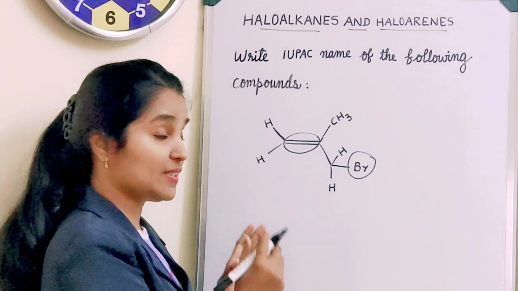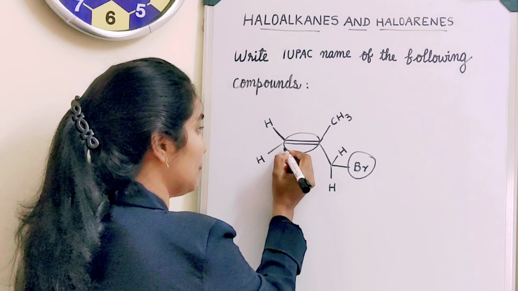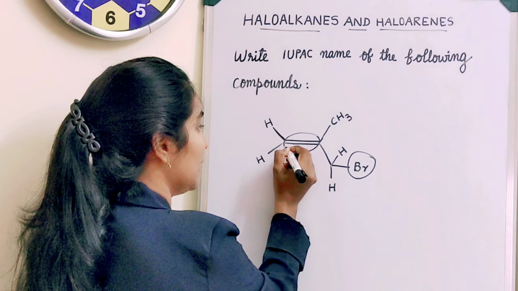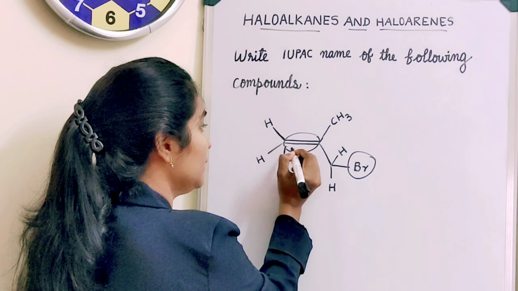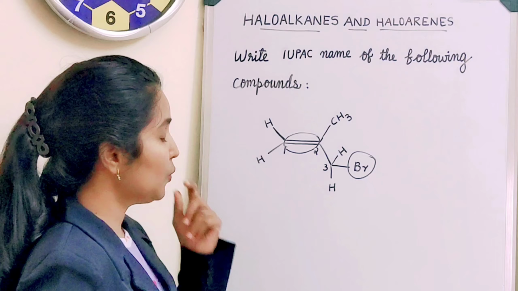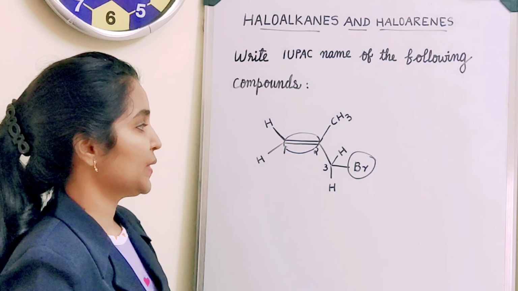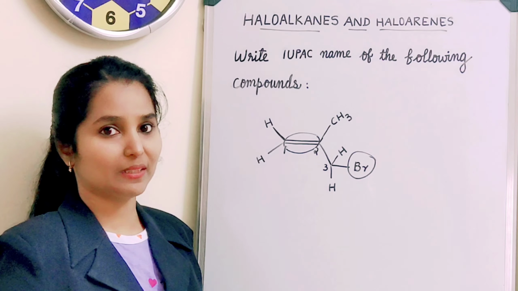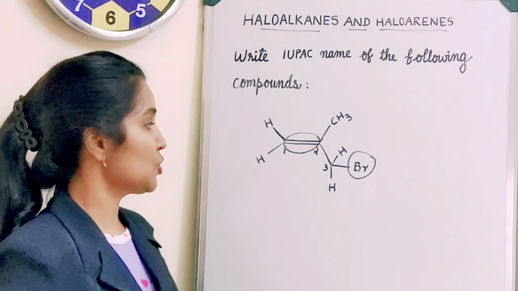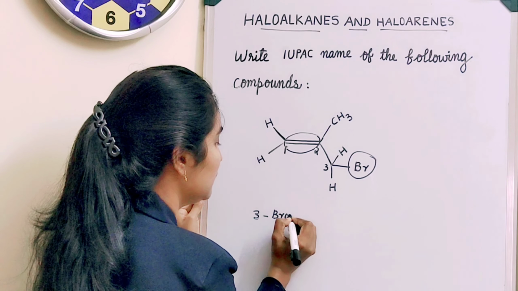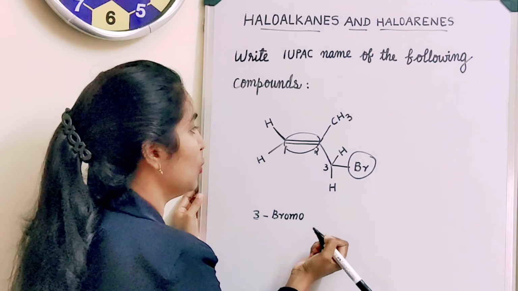The preference goes to the double bond, so we will start numbering from here. Carbon number 1, 2, 3. Okay, so we can name it. B comes first in alphabetical order, right? So we will start with bromo. 3 bromo.